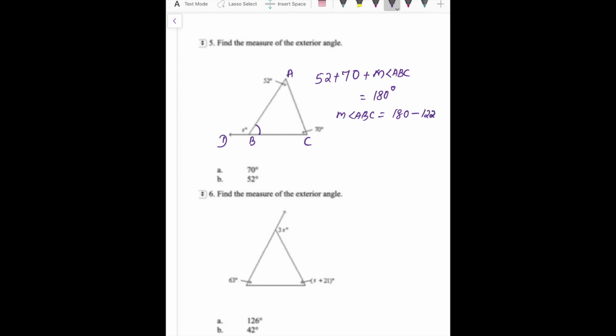So that's 122. That's 122. So that 180 minus 122 is 58, right? 58 degree.